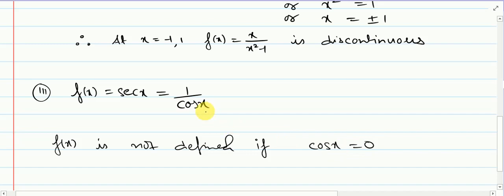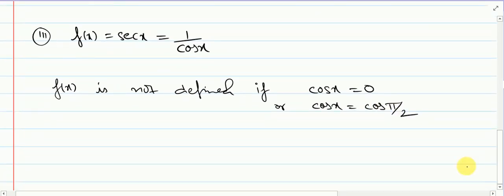That means if the denominator is 0, in that case the function is not defined. So cos x is cos pi by 2. You know one standard value for which cos is 0.